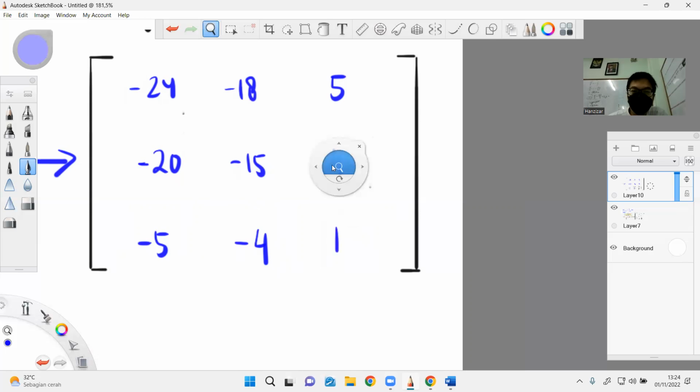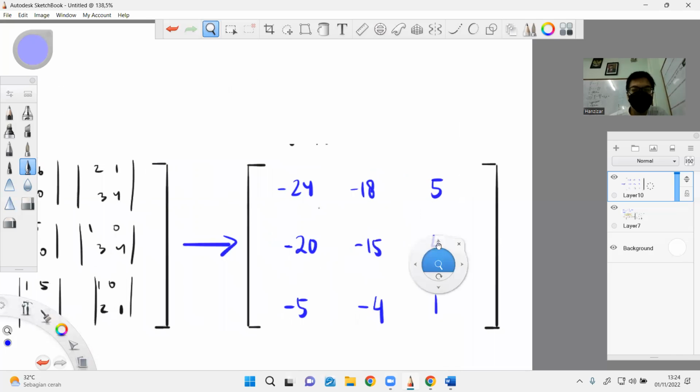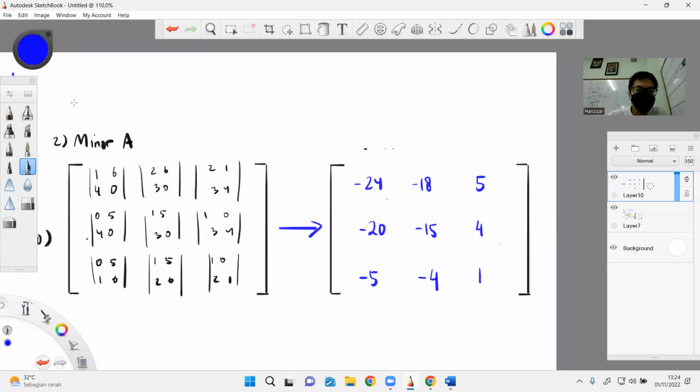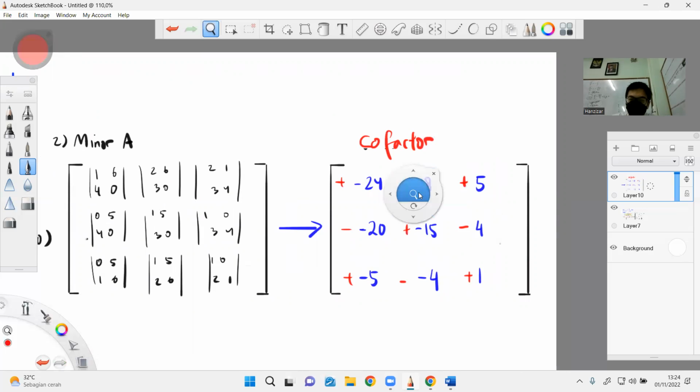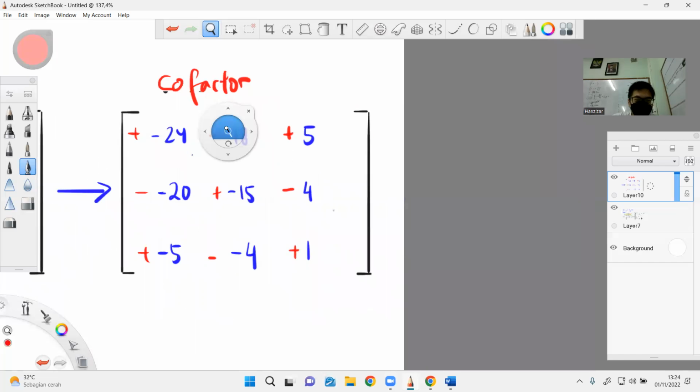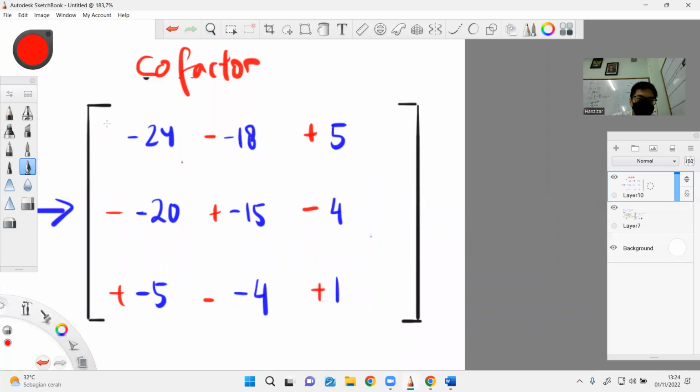Don't forget to put the cofactor after this. Okay, after you get the minor, you are putting on the cofactor. Chessboard: plus, minus, plus, minus, plus, minus, plus, minus, plus. Right? And then the cofactor is, okay, plus with minus becomes negative.